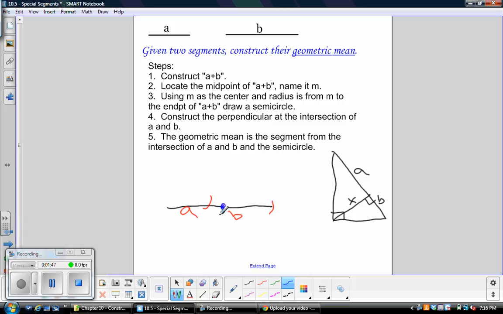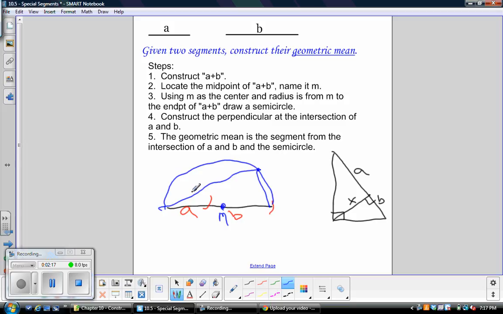And let's call that M. So using M as the center, and either this point or that point, that's going to be your radius, and you're going to end up drawing a semicircle. Now, why did we do that? Because I know that no matter where I am on this, if I draw a segment there and a segment there, that's going to be a right angle.